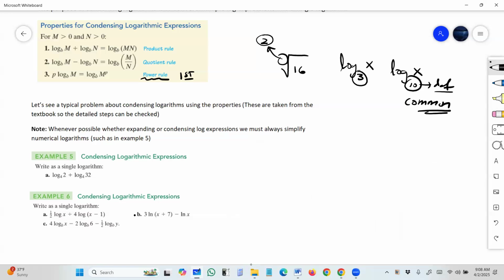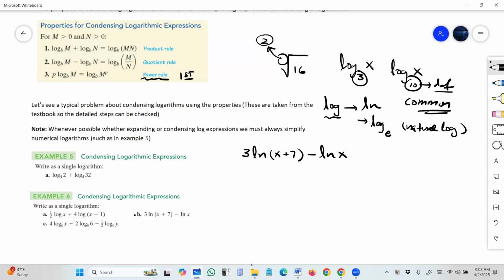Okay, so second expression: 3 ln of x plus 7 minus ln x, another very good problem. Notice that the ln is not log. If you have an expression that says ln instead of log, this is notation for log base e. e is that special number, and this is called a natural log.